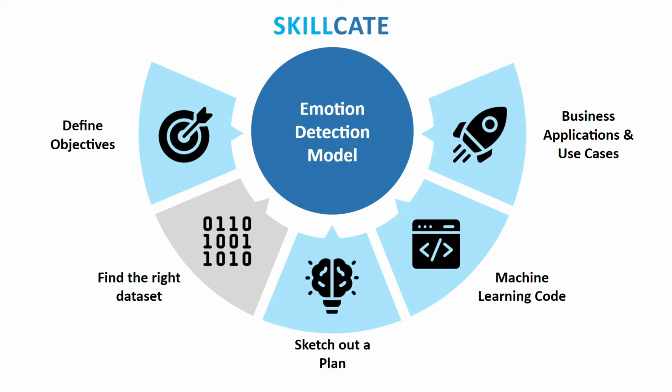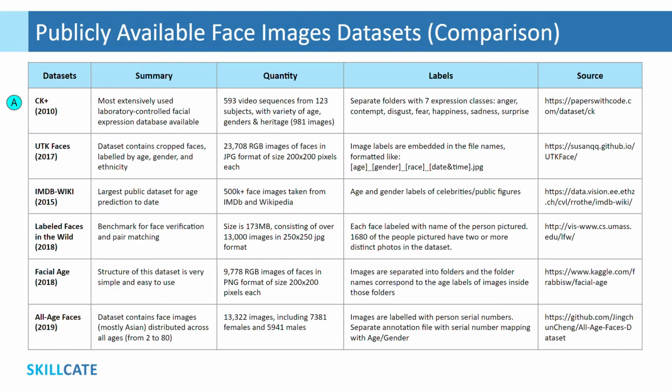Now when we have clearly articulated our objective, next up we need to find an adequate labeled dataset for model building. To build a highly accurate model, we would be needing a lot of labeled images for training. Thankfully, a range of such labeled image datasets are readily available on the internet. Here's a crisp summary sheet on some of these publicly available datasets for your understanding.